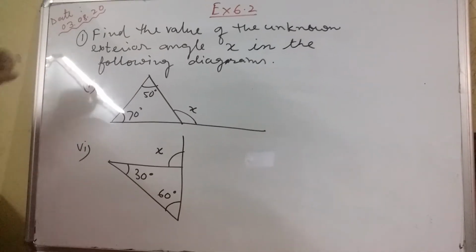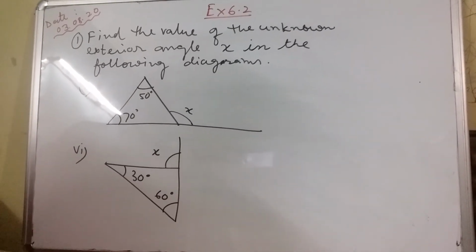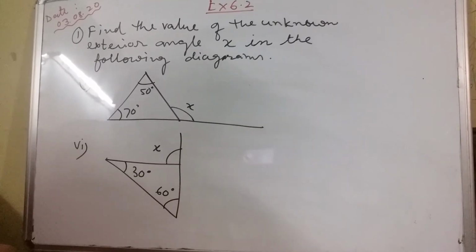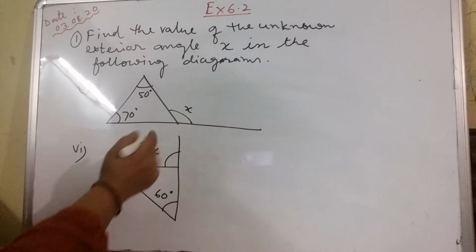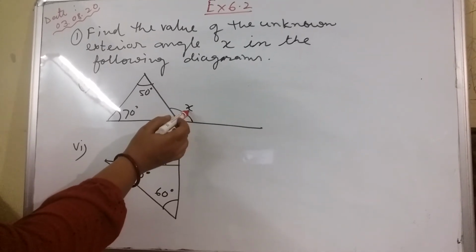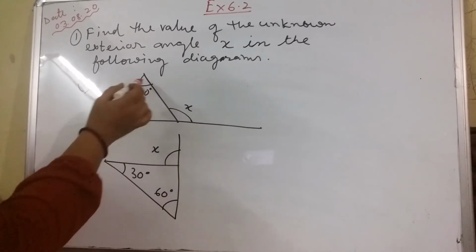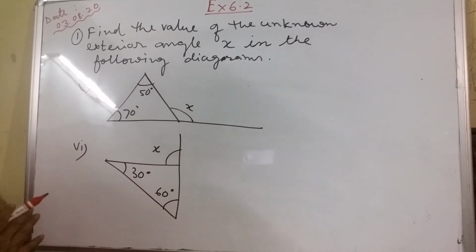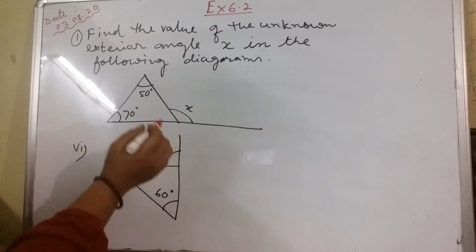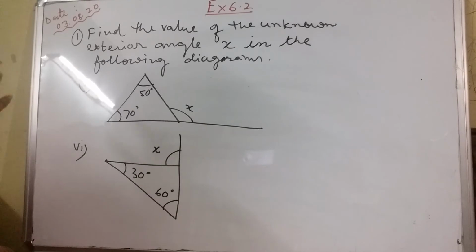This property will be very useful for you to solve many problems. Let's do exercise 6.2. Question number 1 is find the value of the unknown exterior angle x in the following diagram. That means you have to find this value of x when the opposite interior angles are given. What property do you have to use? Just now we have learned that exterior angle is equal to the sum of interior opposite angles.